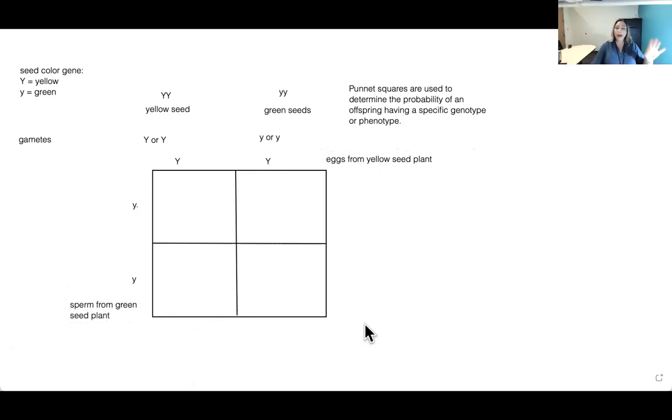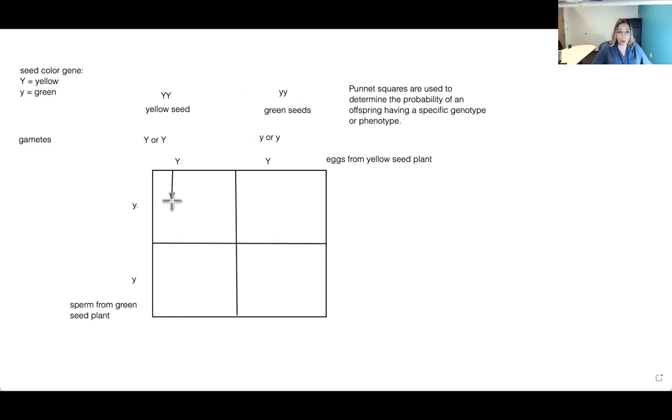Okay, now all you have to do is fill in the boxes. The boxes will be the offspring. They have homologous chromosomes, so you're joining those gametes in fertilization. So let's look at the first box here.